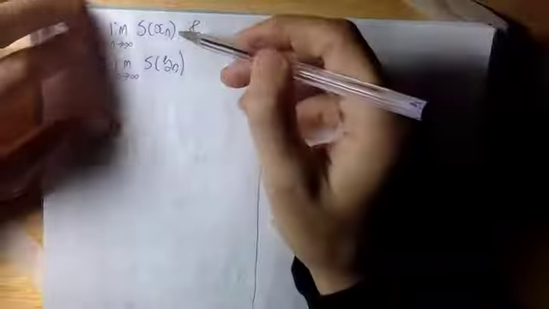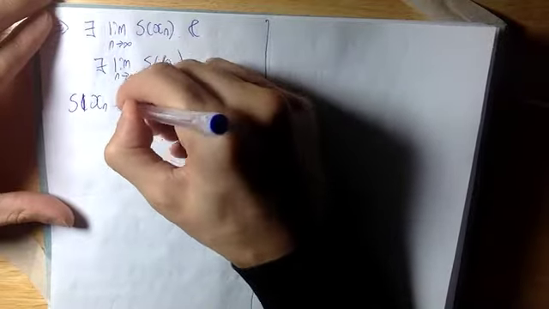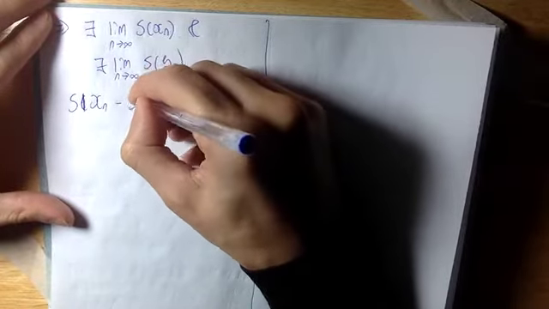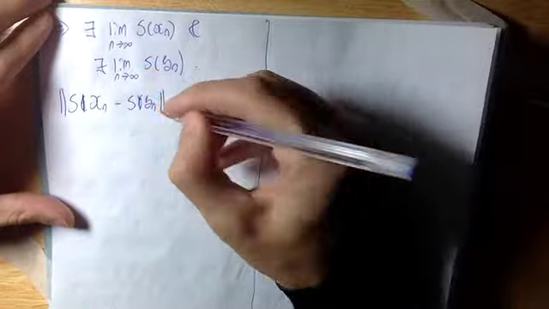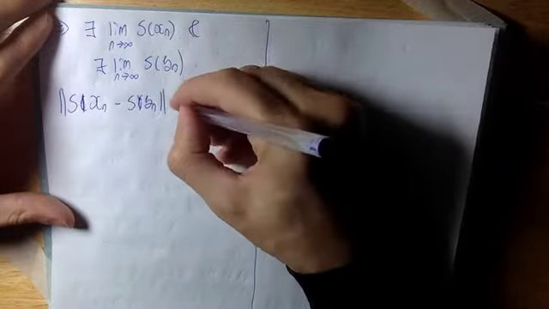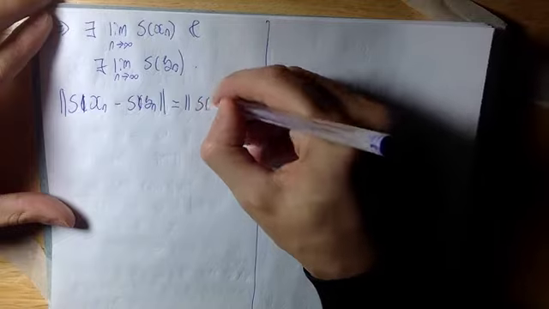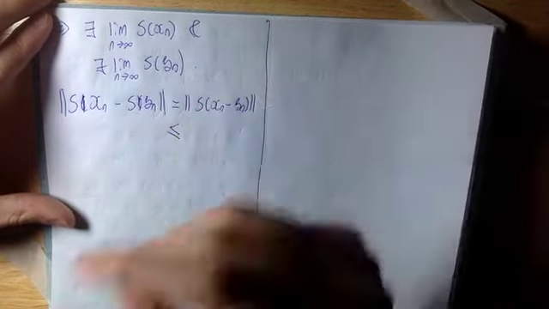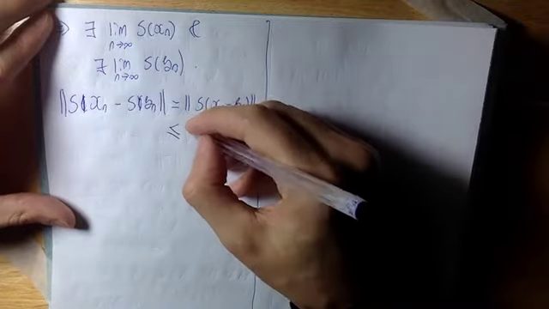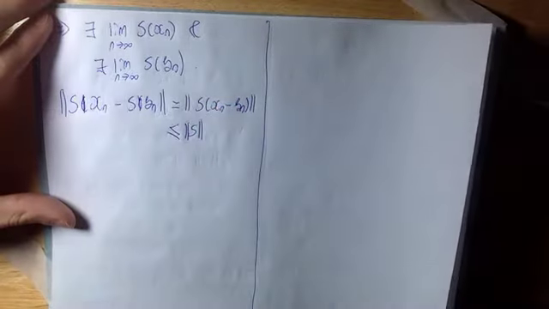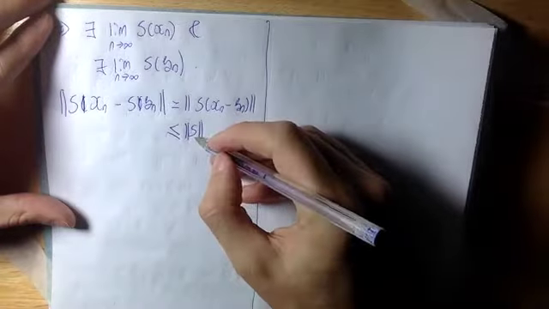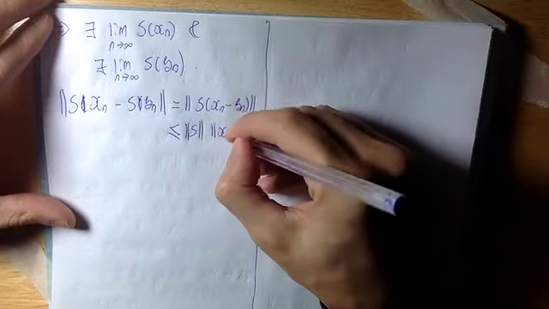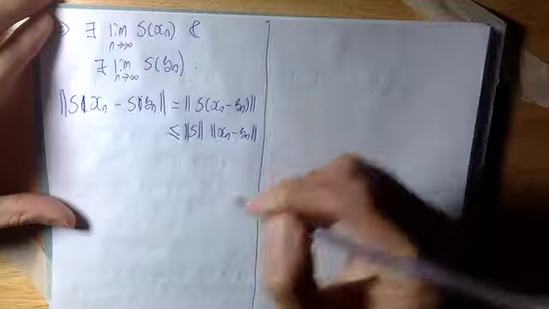But next we want to actually check that these two limits are the same, so we can take S of xn minus S of yn, and we take the norm. By using linearity, this is the norm of S of xn minus yn, and by using the fact that S is a bounded linear operator, this is less than or equal to the norm of S times the norm of xn minus yn.